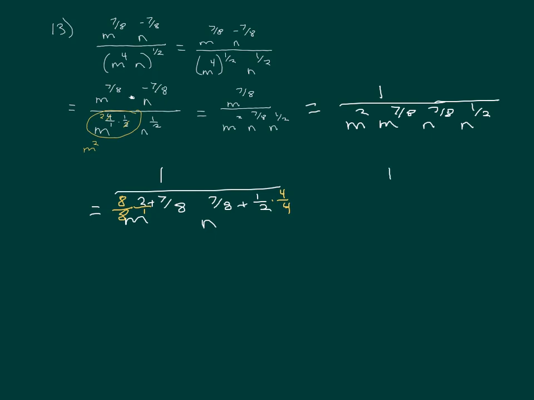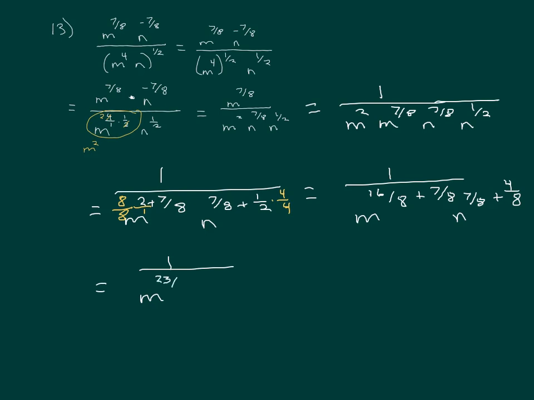So that gives me 1 over m to the 16 over 8 plus 7 over 8, n to the 7/8 plus 4/8, and that's going to give me m to the 16 plus 7 is 23, and n to the 7 plus 4 is 11.